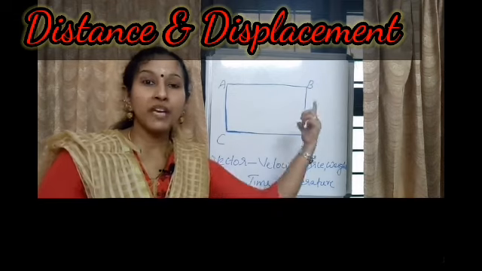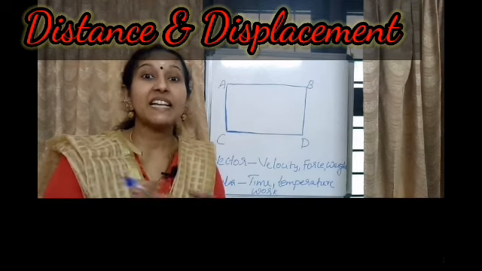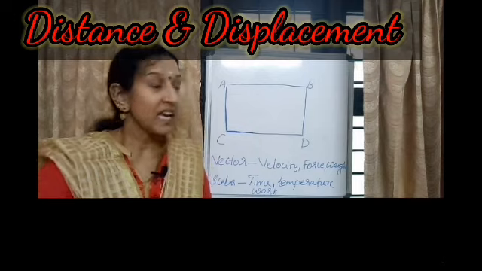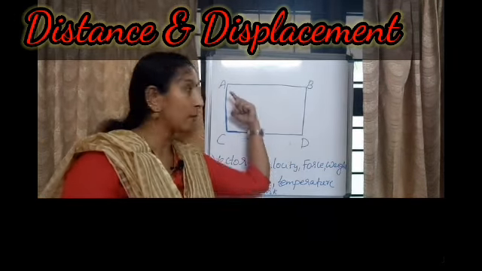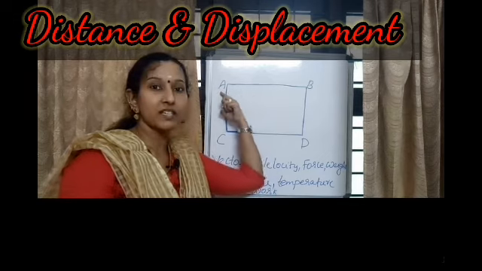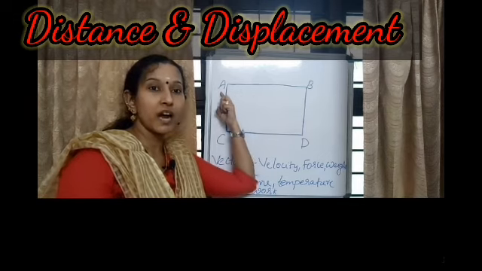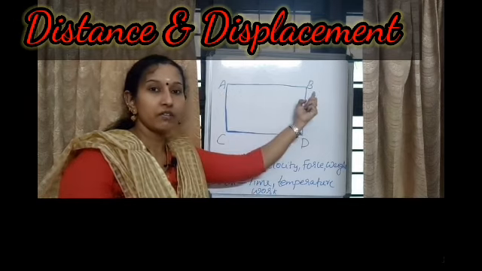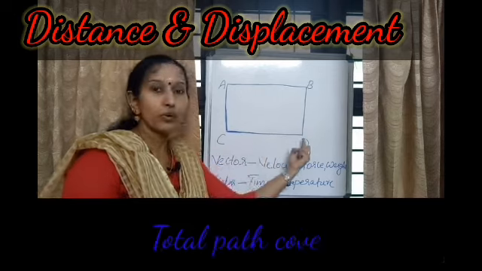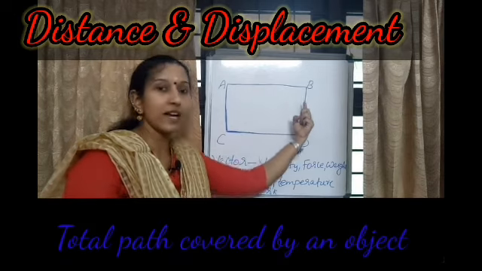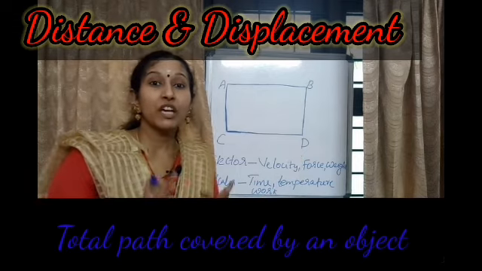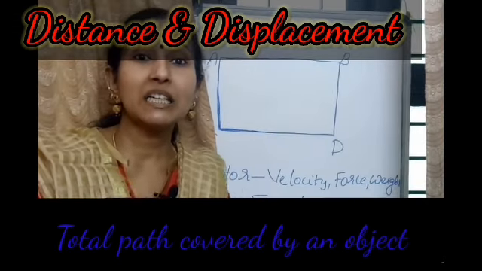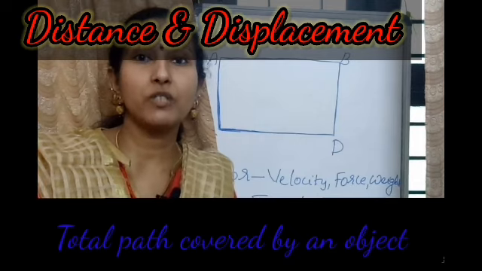What is the difference between covering A to B then to D, or crossing AD? A to B then to D is the distance, which means it is the total path covered by the object. First he or she needs to start from A, then B, then D. So this is the total path covered. Distance is the total path covered by an object.